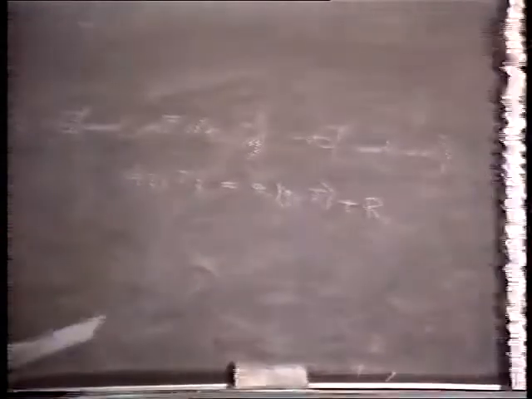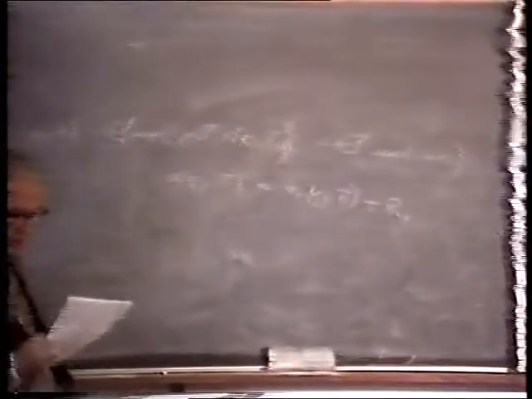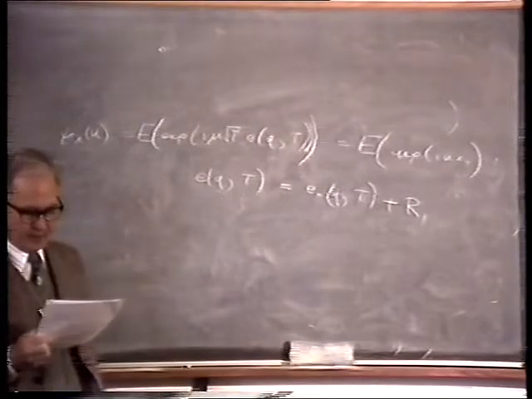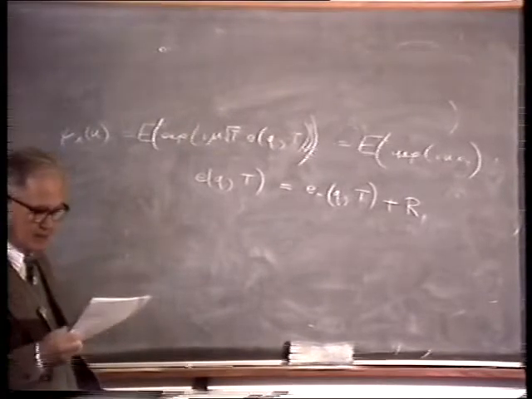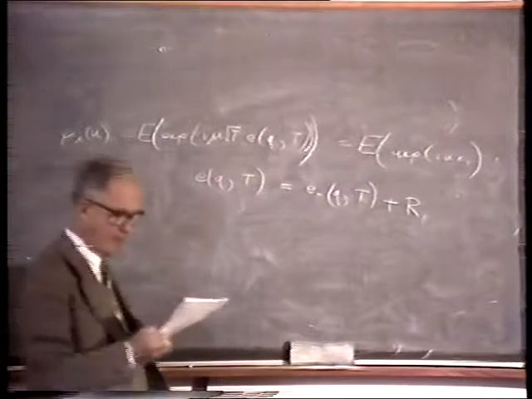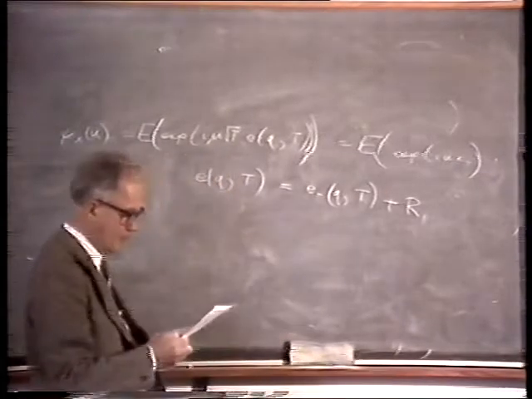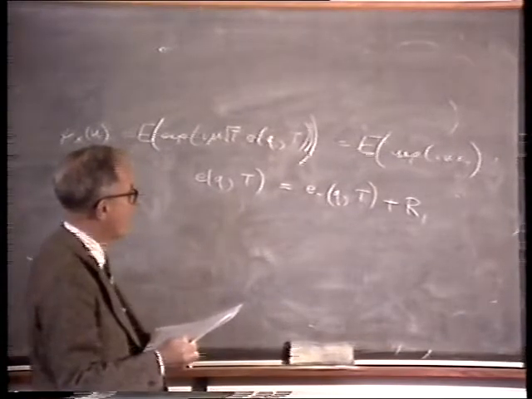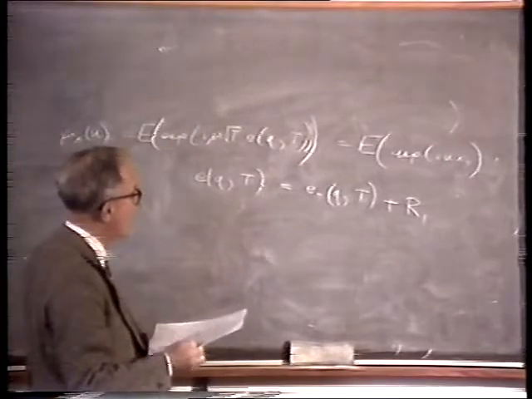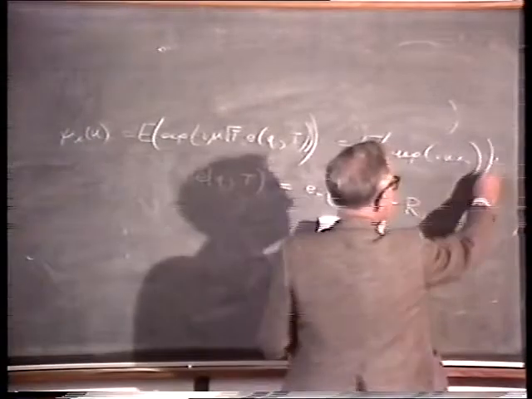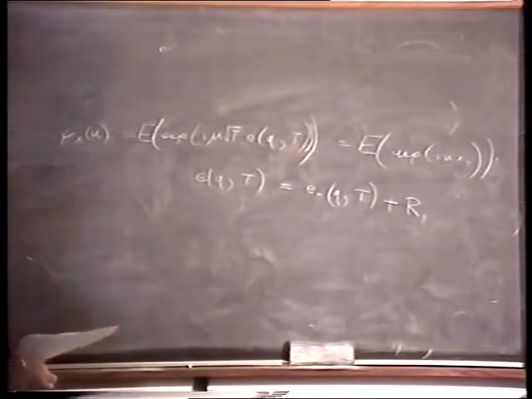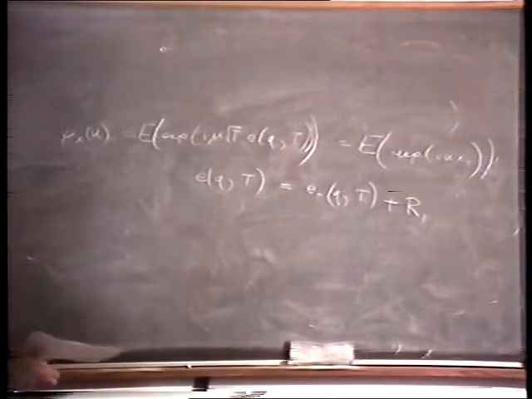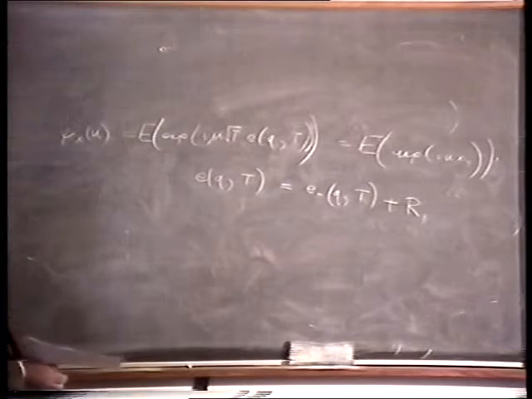Clearly, in order to be able to do this, we need to be able to assume that the r plus 1th order derivatives exist, and we're going to assume that they're uniformly bounded for q lying within some neighborhood of the origin.